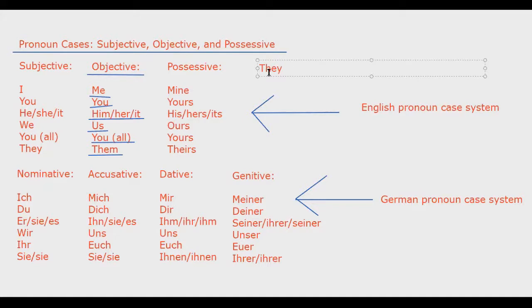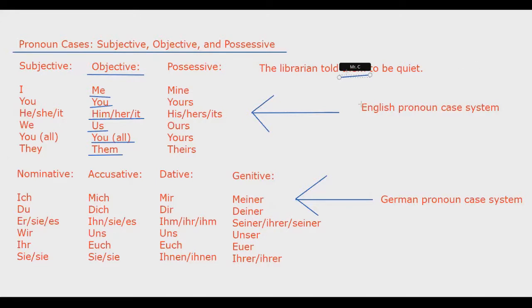Okay, let's see. The librarian told them to be quiet. In this case, them is the objective case.